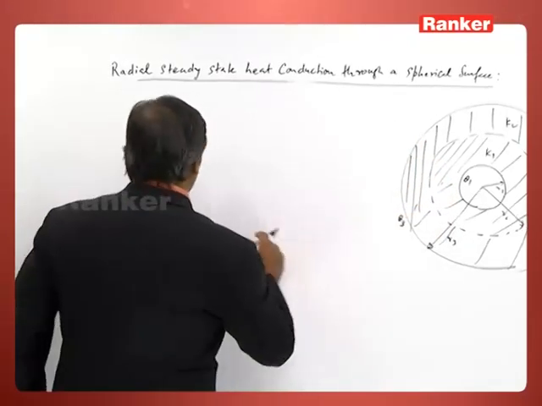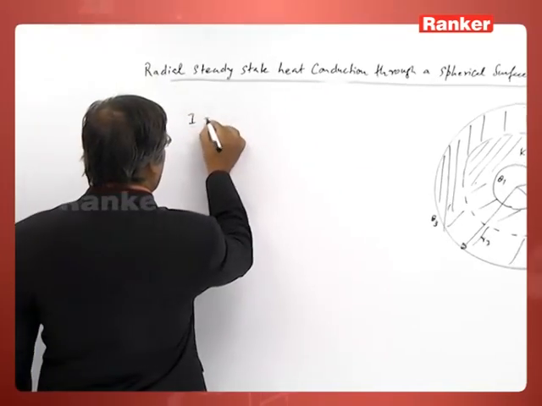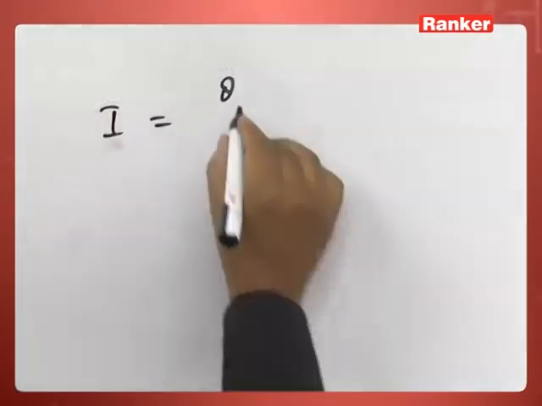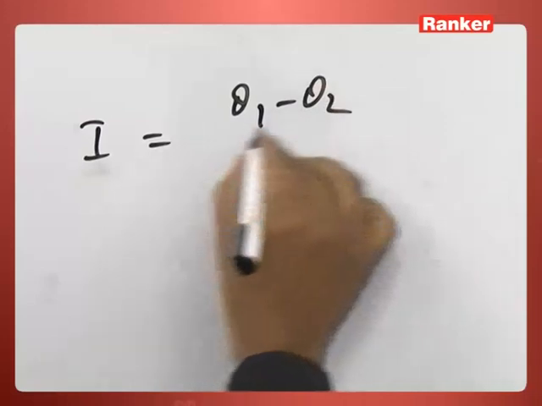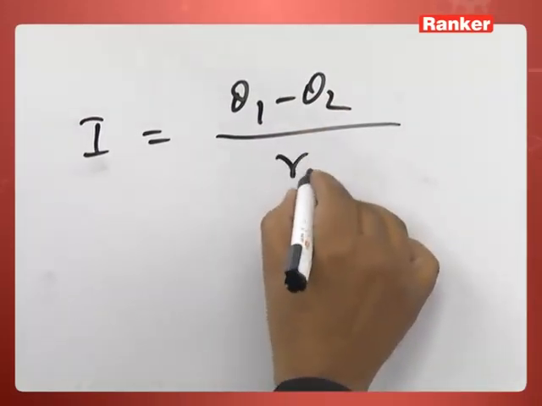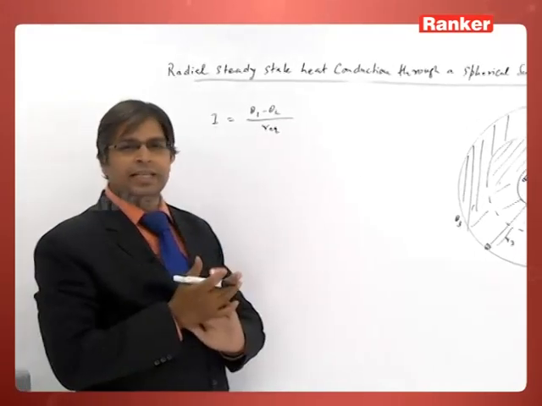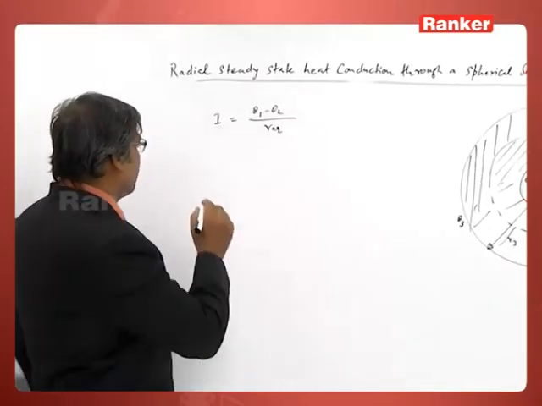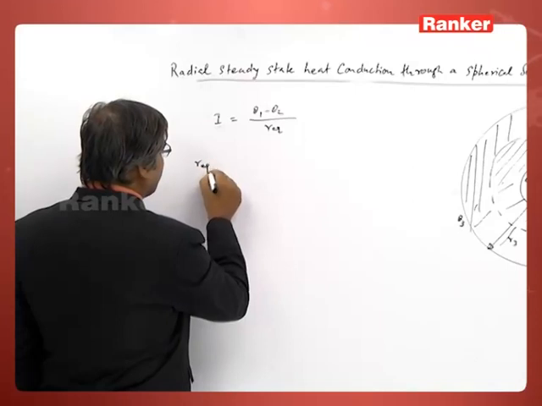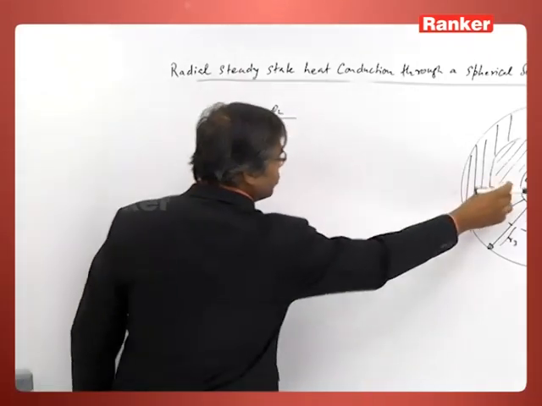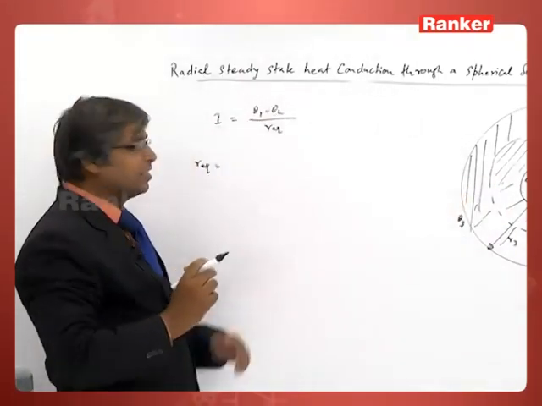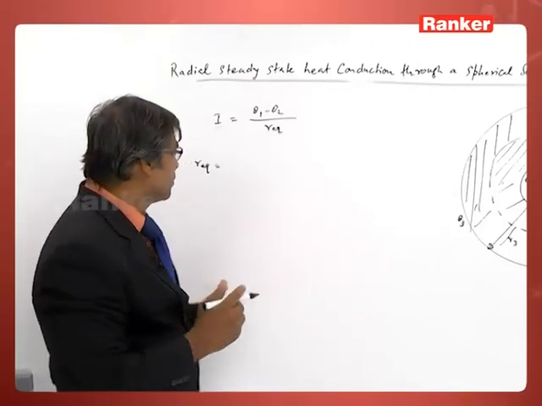So, my general expression will be I is equal to (theta 1 minus theta 3) by R equivalent, where R equivalent is the equivalent thermal resistance. Now, these two thermal resistors are in series.